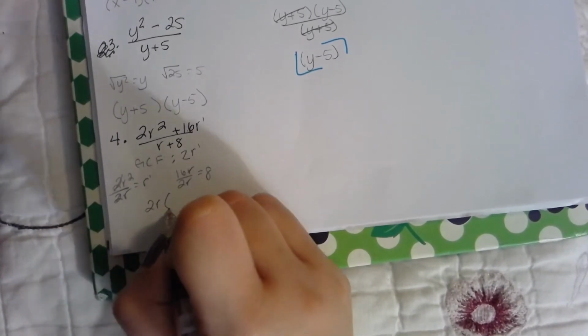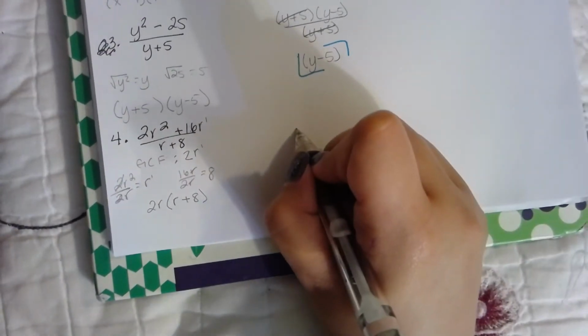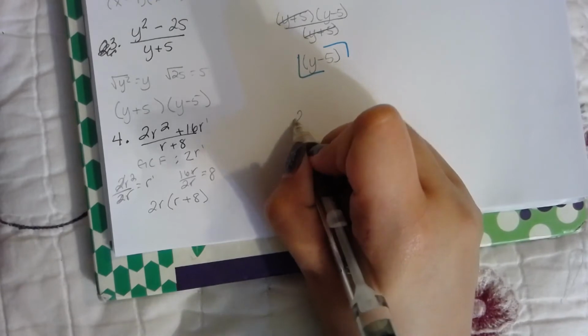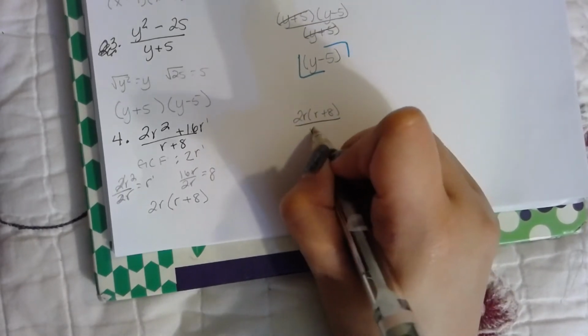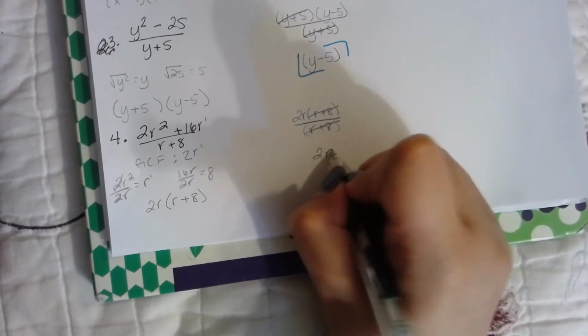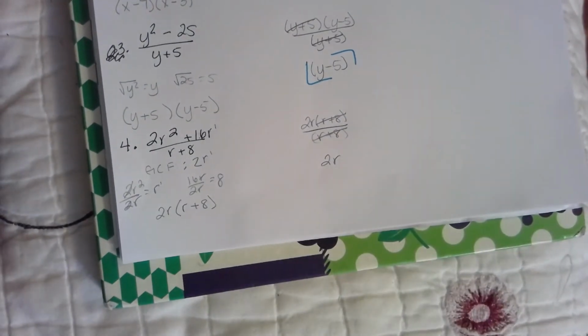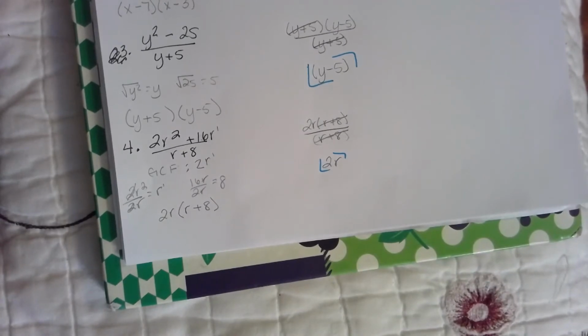Rewriting this, you would get 2r times r plus 8 divided by r plus 8. And then you have r plus 8 on top, r plus 8 on bottom, which leaves you with 2r. So it's not going to be exactly 2 terms as your answer. It can just be this one term by itself, just like this.